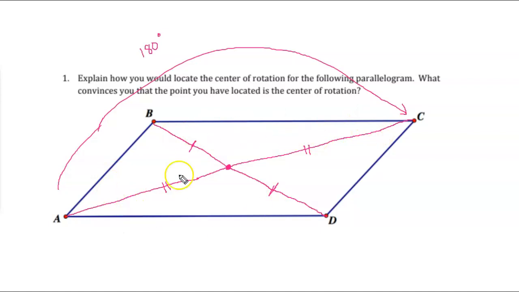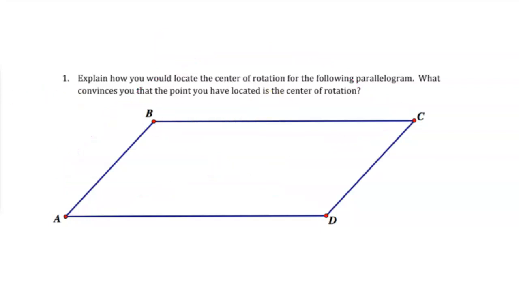So the whole parallelogram must have 360 degrees. We also know these two have to be supplementary because they're same side interior. So we get a lot of other details about the parallelogram other than just its opposite sides are parallel and its opposite sides are congruent. So let's see if we can maybe make a list of all of these properties.